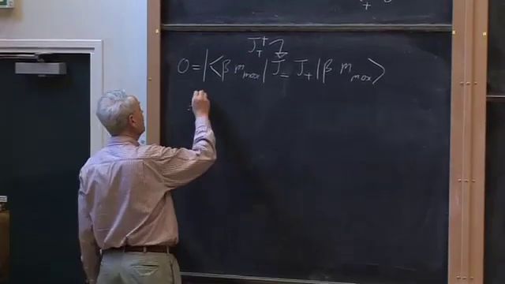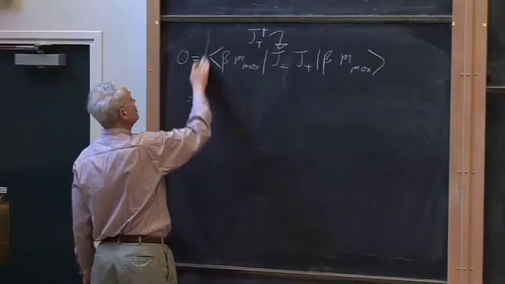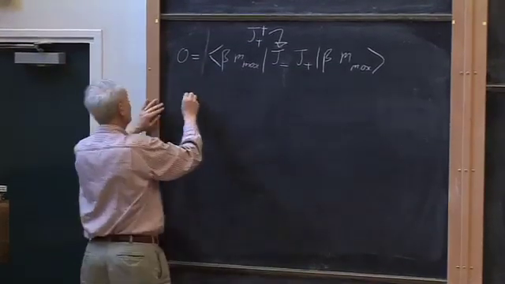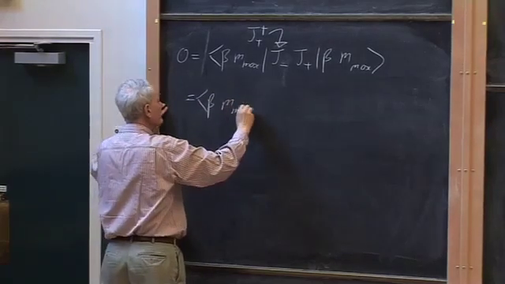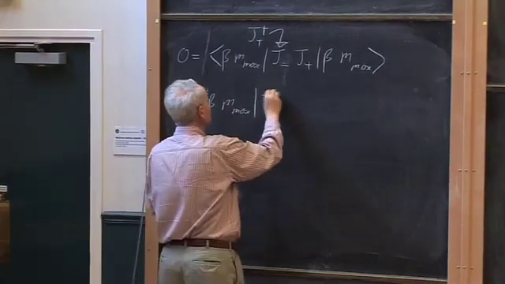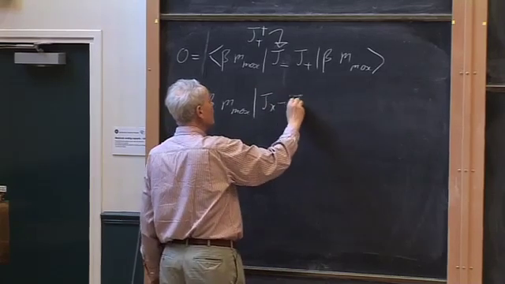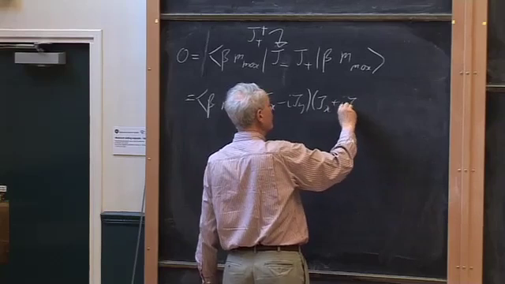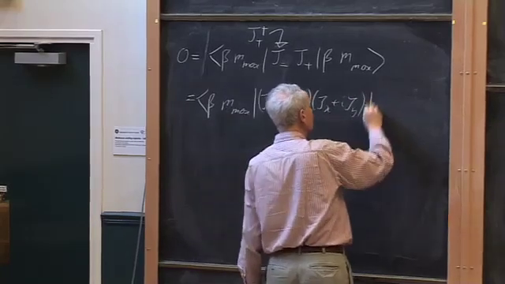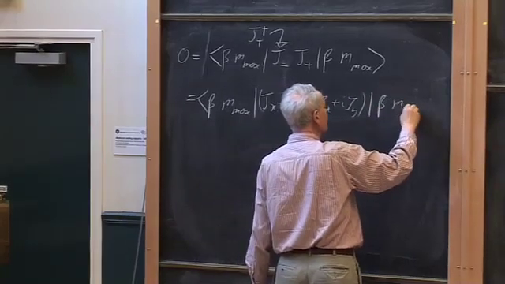So let's have a look, see what we've got here by staring inside. I don't need the mod square, that's already taken care of. So this is <β, m_max| (Jx minus i Jy)(Jx plus i Jy) |β, m_max>.